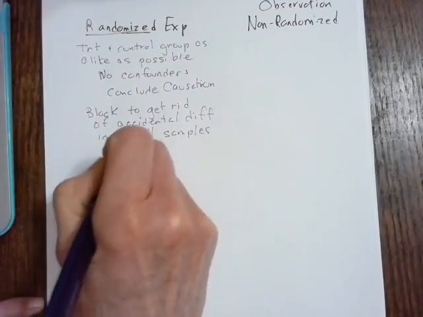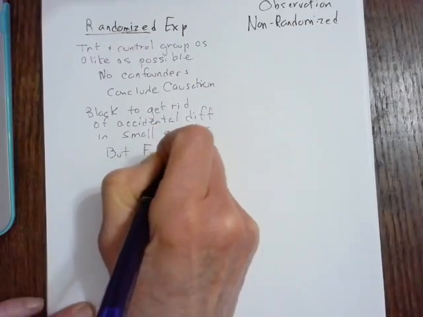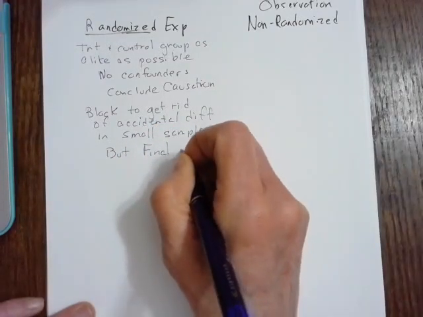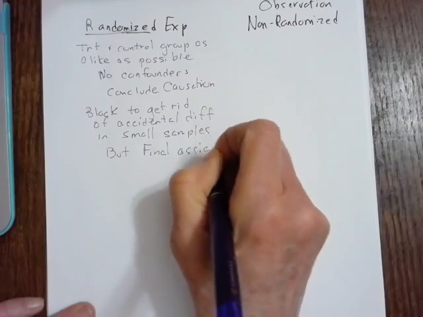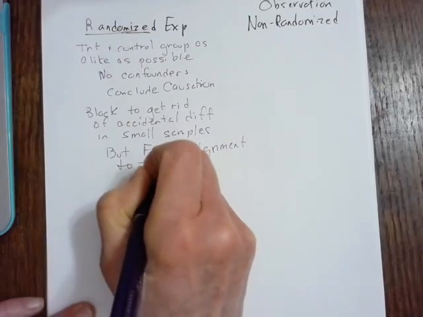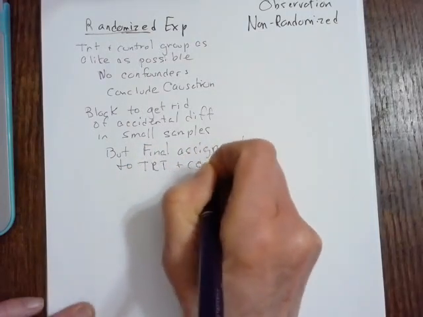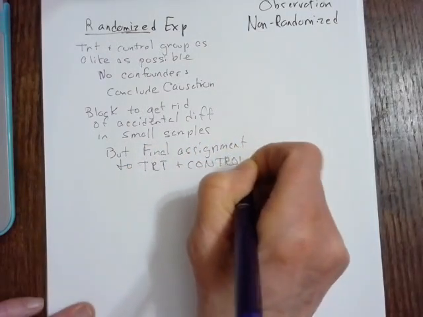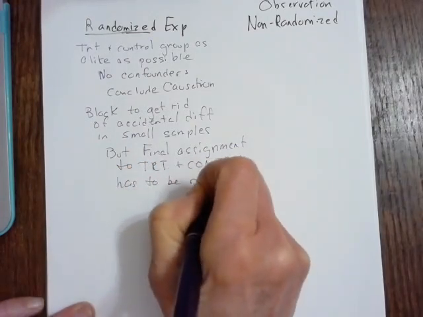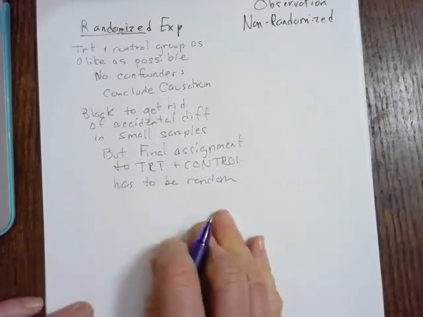But finally, assignment to treatment and control has to be random. Okay, and then you've got a good study.